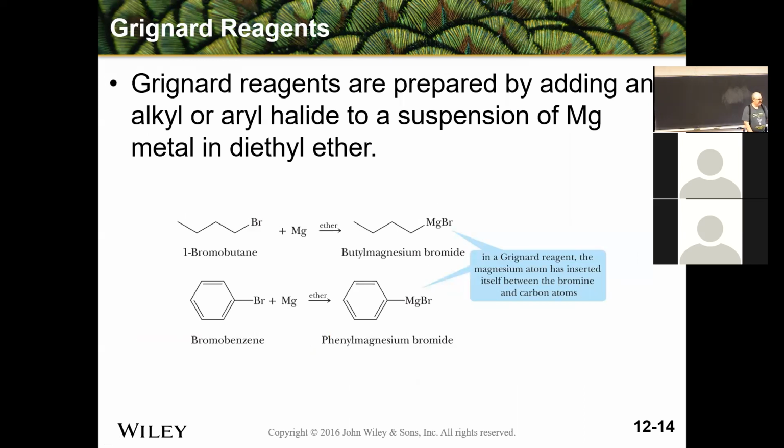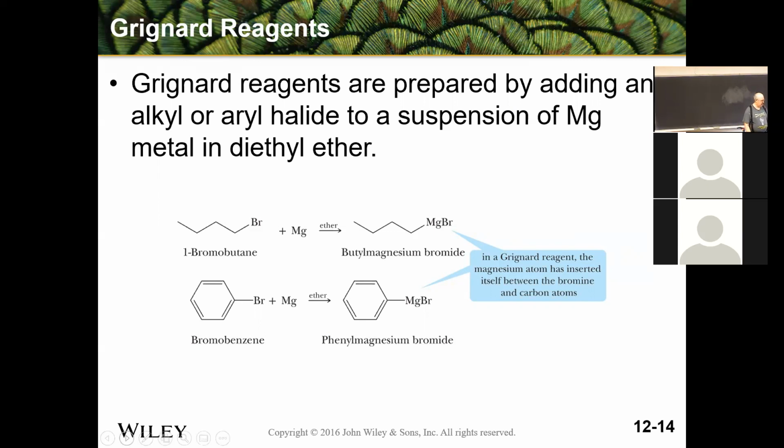Grignard reagents are prepared by adding an alkyl or aryl halide to a suspension of magnesium metal in diethyl ether. It turns out the solvent is very important here, and this has to be absolutely dry.